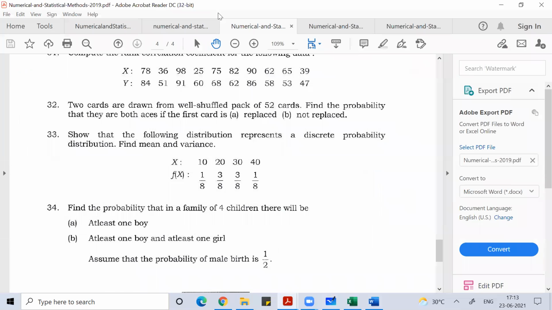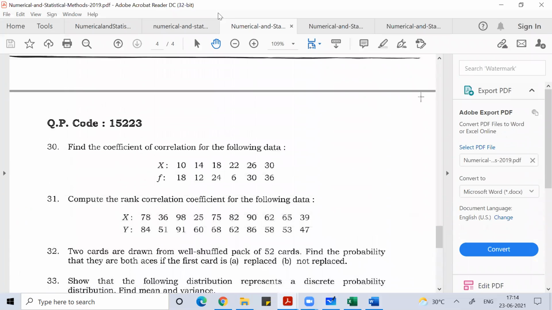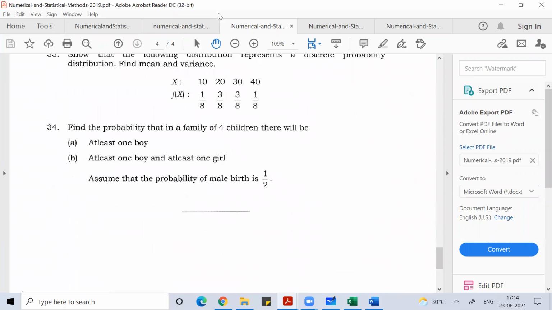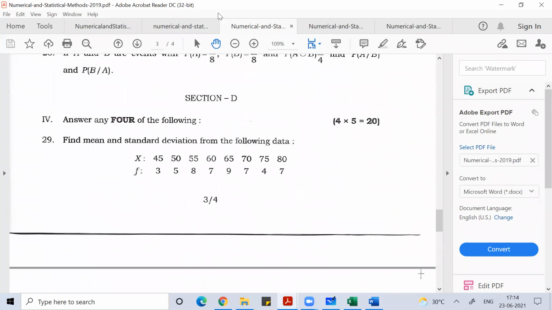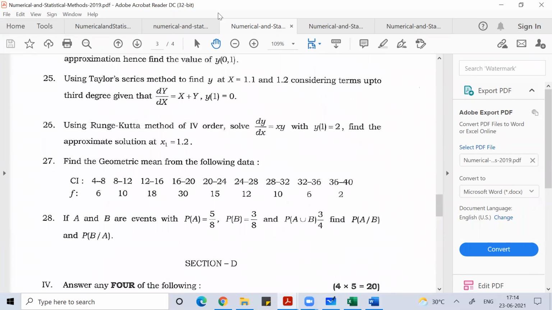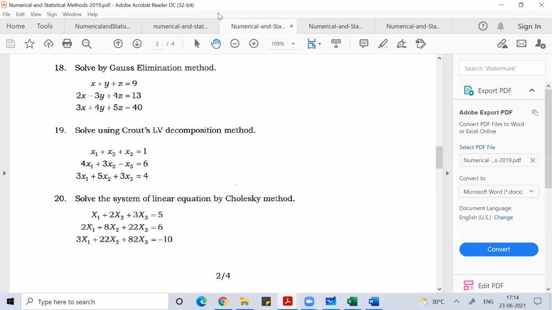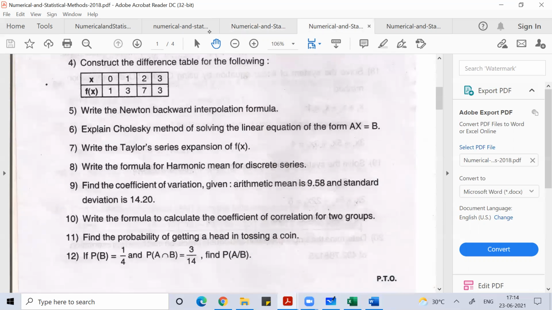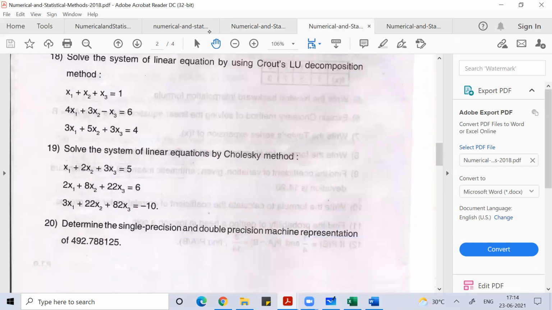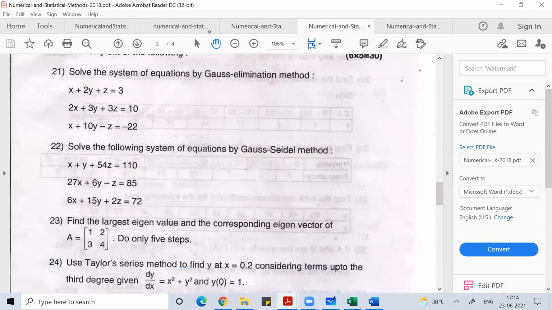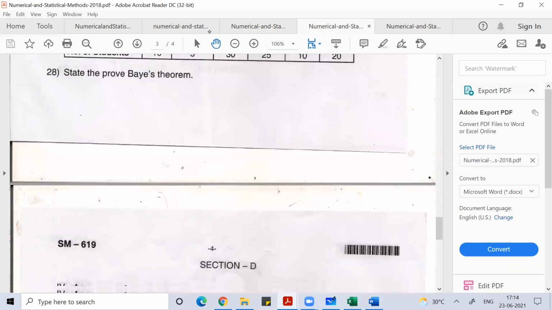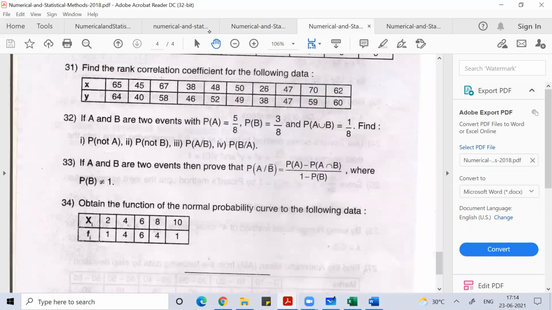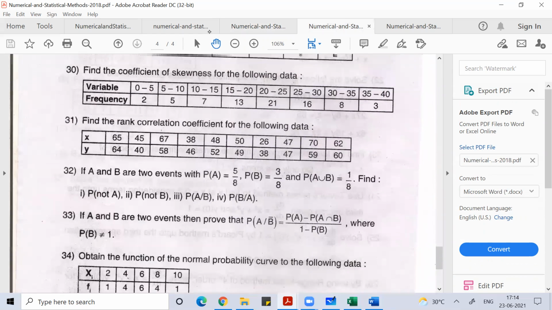This question, I think question 34, a 5 marks question, 2019, question number 34, 5 marks question. We have done this, 33, we did 32.